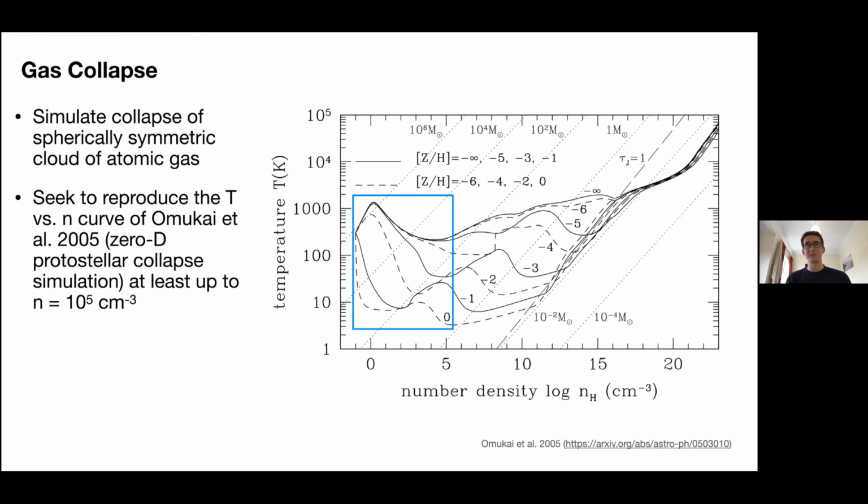So they don't do hydrodynamics or gravity, they just do a zero-dimensional model. And what I'd like to be able to do is reproduce this temperature versus density curve with a 3D simulation.